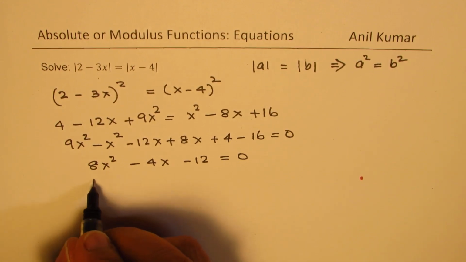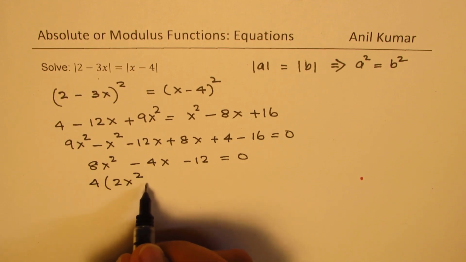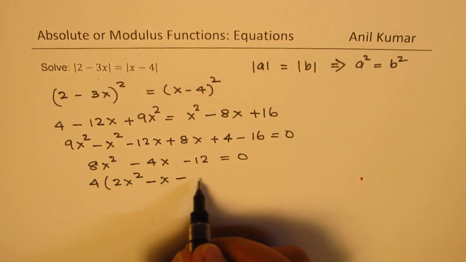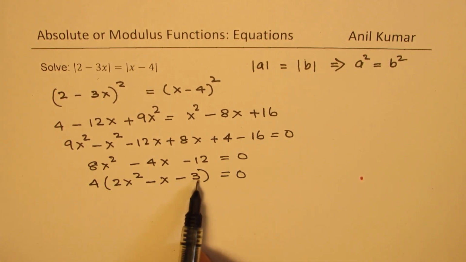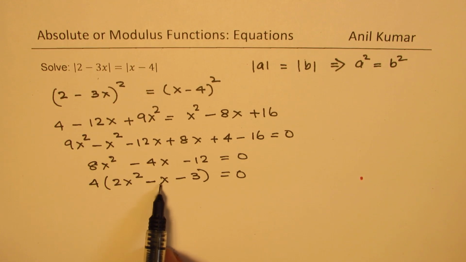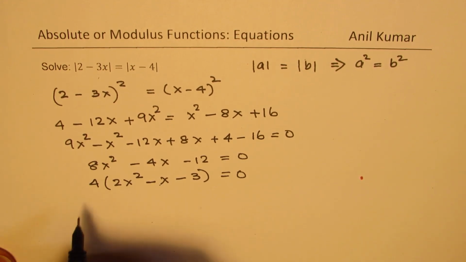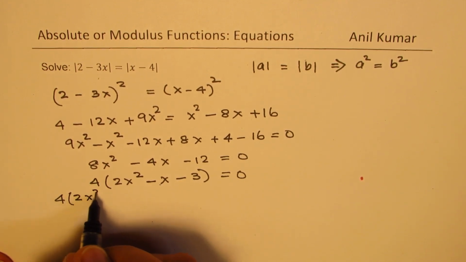So I could factor 4, right? So we get 2x squared, and then we have minus x, and here we get negative 3 equals to 0. Now 3 times 2 is 6, so I have to split x into those two components, and let me just go a few steps more to factor it further.